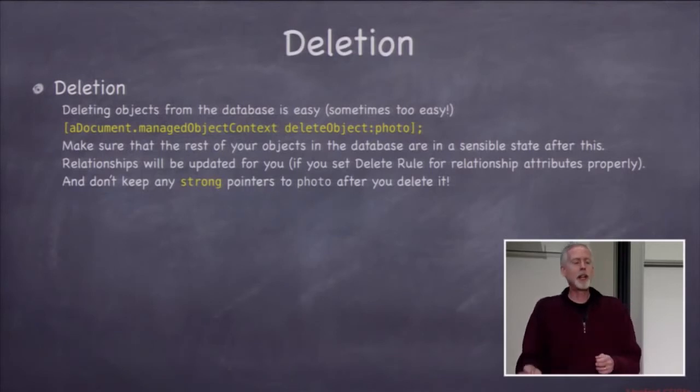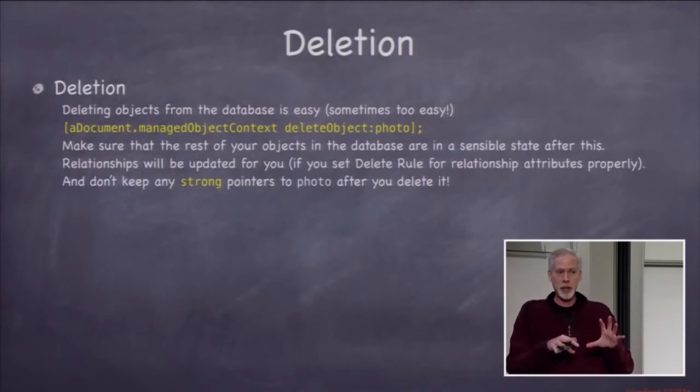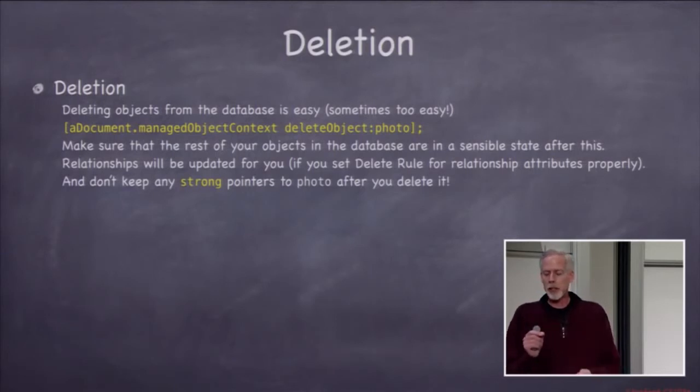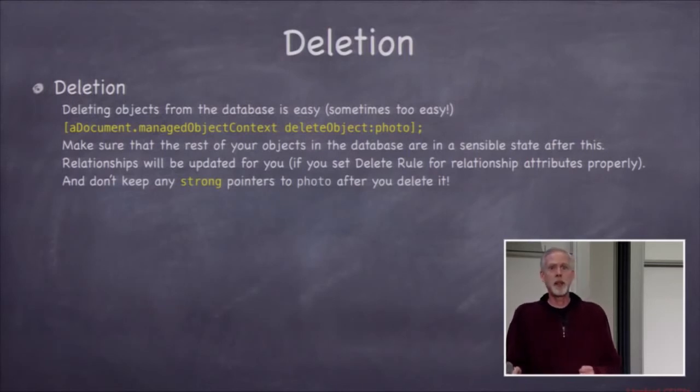One, remember it doesn't actually delete the object until you save. So the autosave comes around and it'll be deleted. That's just a minor point. It's kind of obvious, same thing with all of the changes you make. They don't happen in the database until that autosave happens or until you explicitly save. But the second thing with deletion that you've got to be really careful about is, see that argument, deleteObject:photo? If that photo is a strongly held pointer, you better set it to nil right after this, because you cannot access that photo anymore.